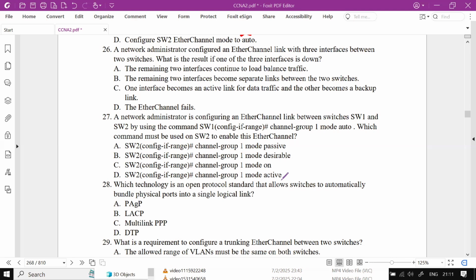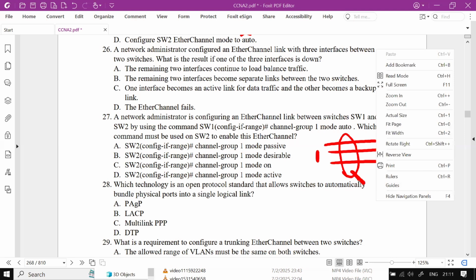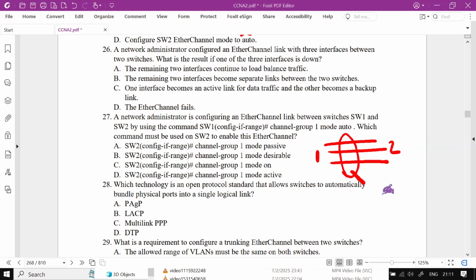So EtherChannel: if you have switch 1 and switch 2, then you have links 1, 2, 3 and you've grouped them. It means my links logically are one link. In terms of bandwidth, it gives more bandwidth because it's a sum of three links.